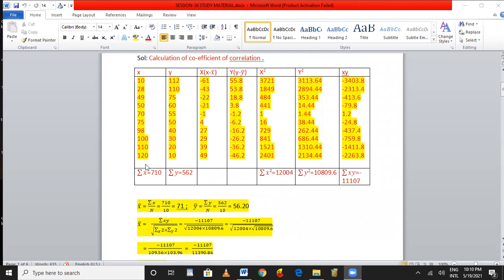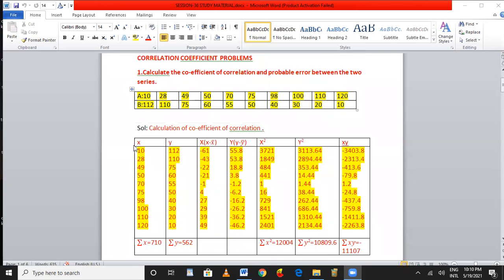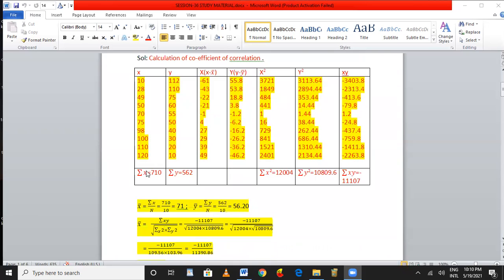X bar is equal to sigma X divided by N. The total of the X series is 710. The number of items is 1, 2, 3, 4, 5, 6, 7, 8, 9, 10, total 10. So 710 divided by 10 is equal to 71. 71 is the arithmetic mean of the first series, as we assumed the A series as the X series.